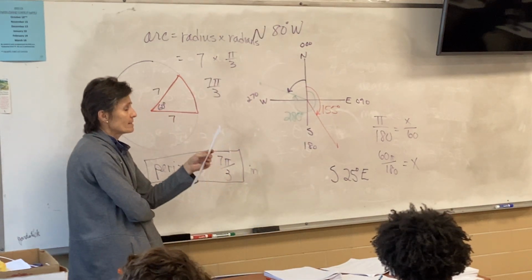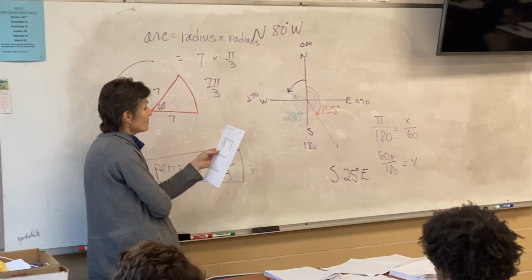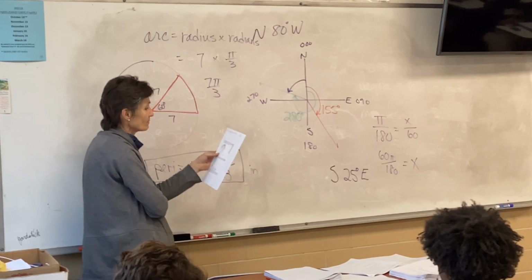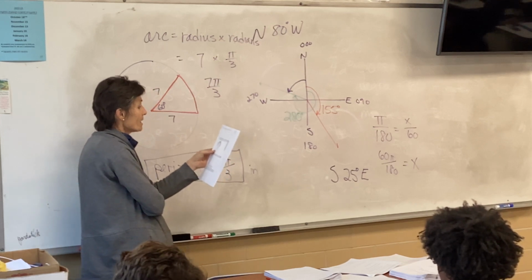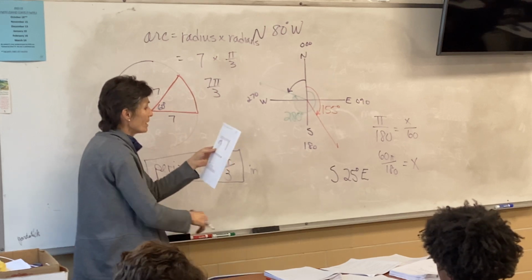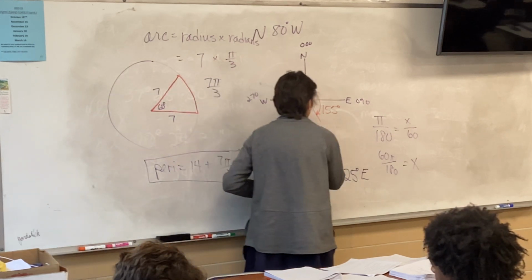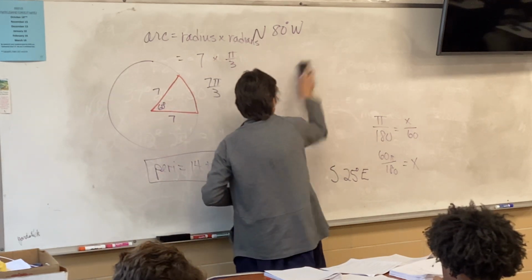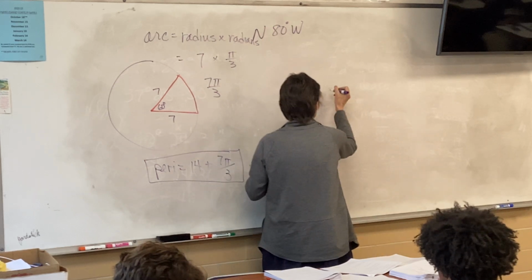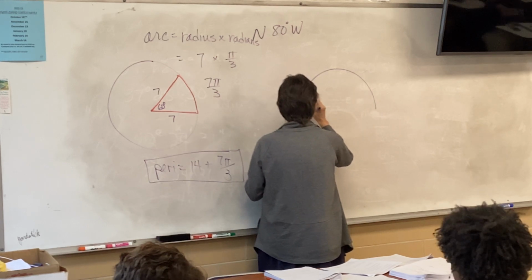The running lanes at the Emory Sears track at Warfield College are 1 meter wide. The inside radius of lane 1 is 33 meters and the inside radius of lane 2 is 34 meters. How much longer is lane 2 than lane 1 around one turn? All right, so I'm going to go ahead and draw this picture as best I can.